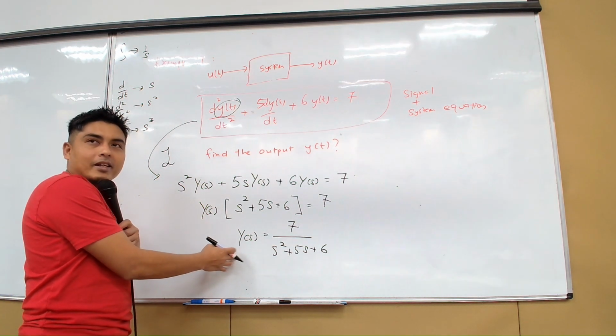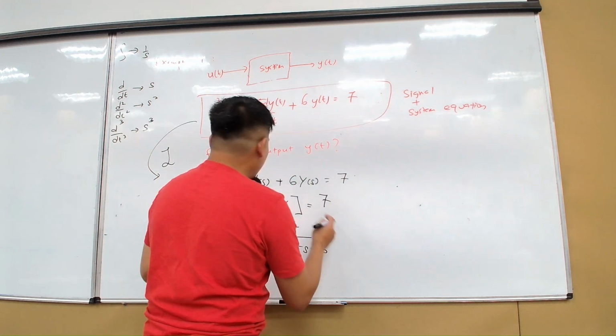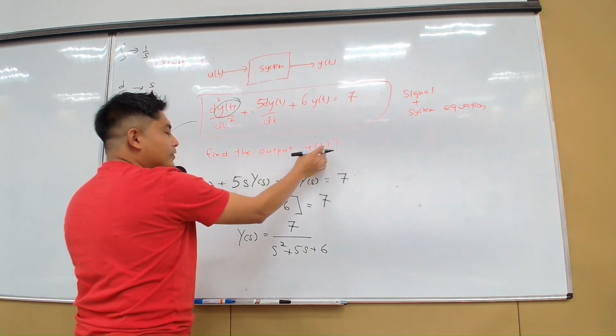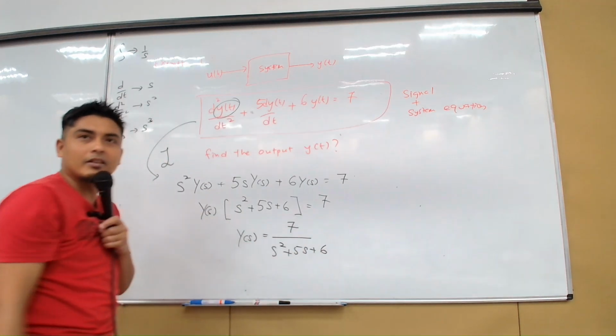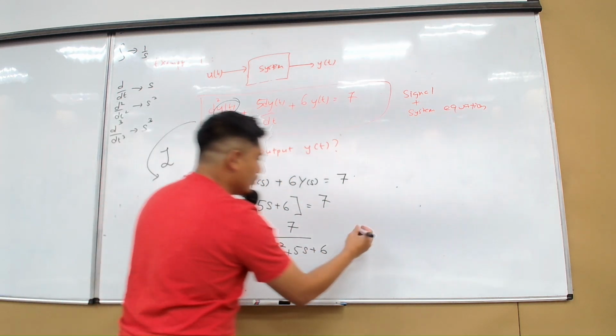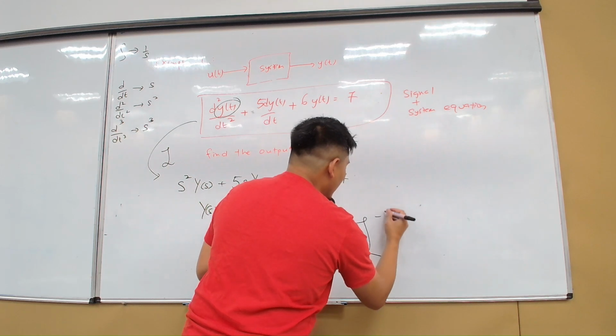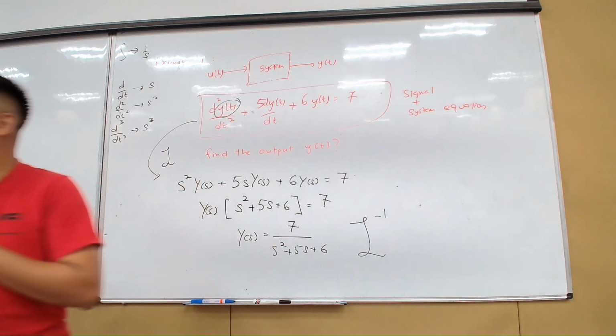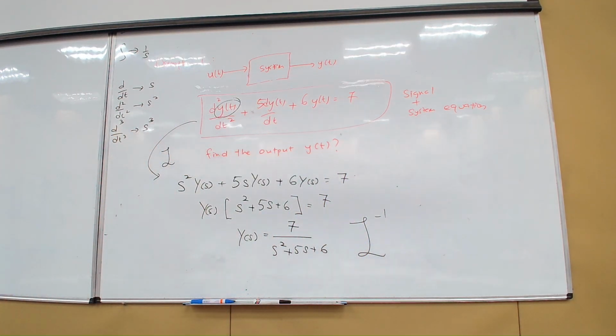So now you have ys. Now you want to get, the question is you need to find the yt, right? You have ys, now you want to find the yt, so you need to inverse Laplace. So if you want to inverse Laplace, you need to use the Laplace table.